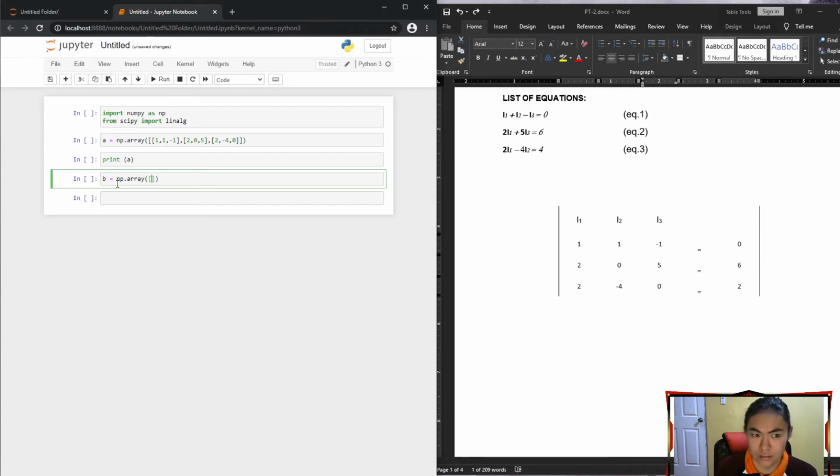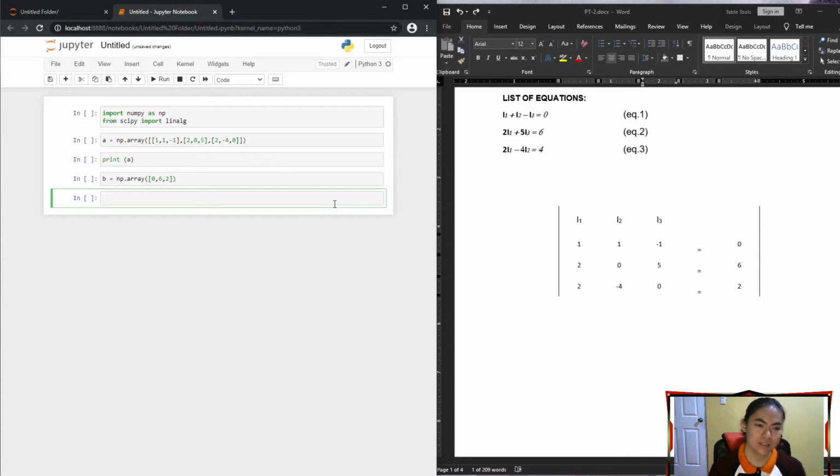Then, dito naman sa ating B, yung ilalagay nating values dito or yung naka-array dito is yung ating values to the right. So, we have 0, 6, and 2. So, tatlo lang siya. 0, 6, and 2. So, yan.